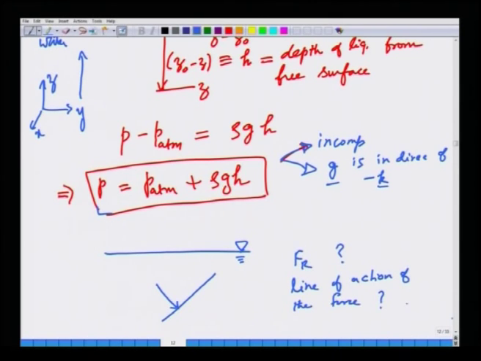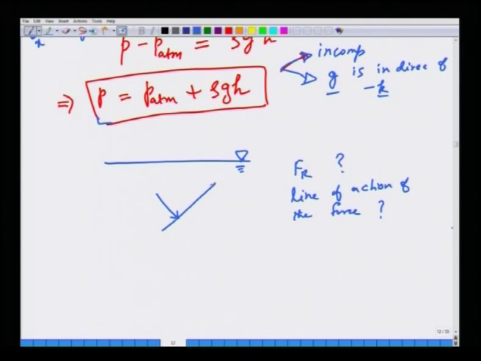We calculated both of these simply: this is a cross section of a planar surface. You take a tiny area element, let us call this dA, the force acting is P dA, and then you integrate this, you get the total force Fr. It is as simple as that, and then by equating the moments we found the line of action in the last lecture.